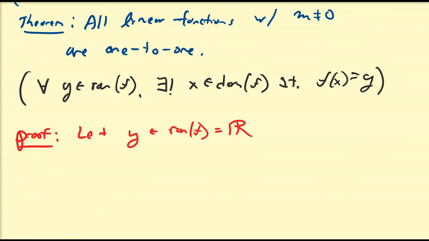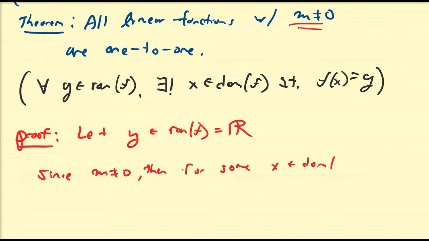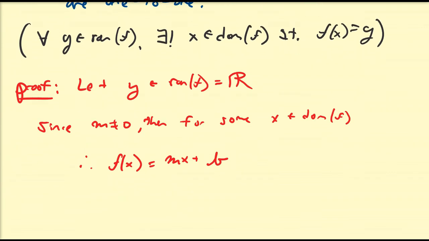Since m is not equal to 0 by assumption of this theorem, then for some x in the domain of f, we have that f of x must be equal to mx plus b. And how do I know this is true? Well, that's just the definition of a linear function. And I know that since the range of this is R, there has to be some x that corresponds to the value of y I have chosen.